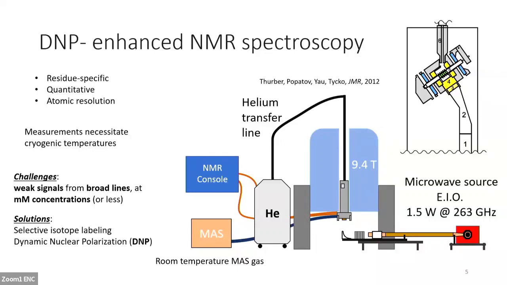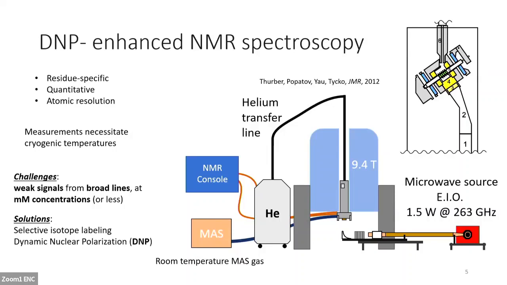So how we address this is we selectively isotope label only certain residues. That's very important. Otherwise, our spectra become much too crowded. And second, we use dynamic nuclear polarization to boost the sensitivity of our experiment. So briefly, we carry out MAS-DNP using a home-built setup, which I'm showing here.